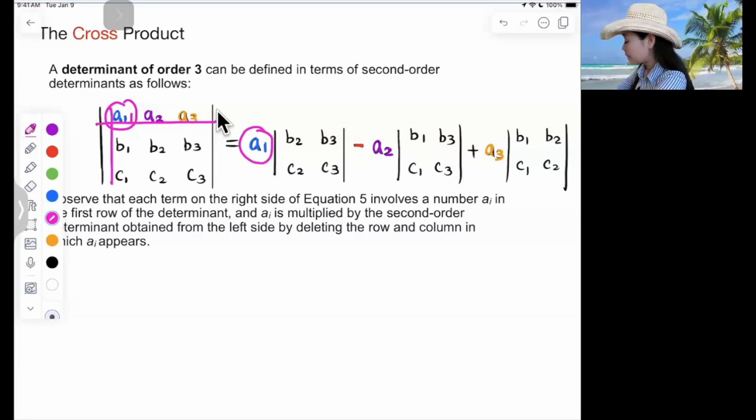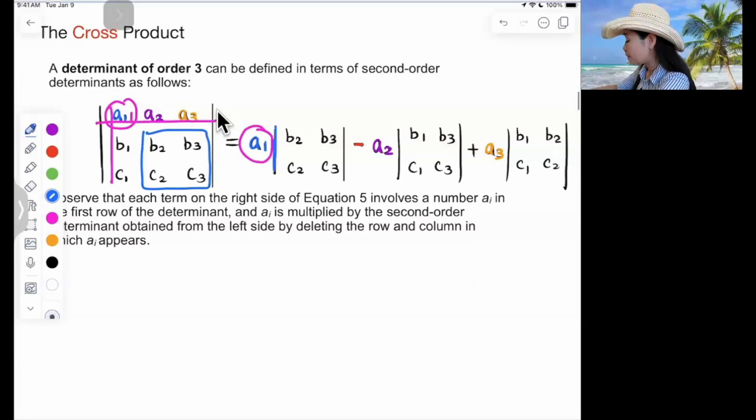After that, you get this submatrix, and then you put it over here. Do you see it?